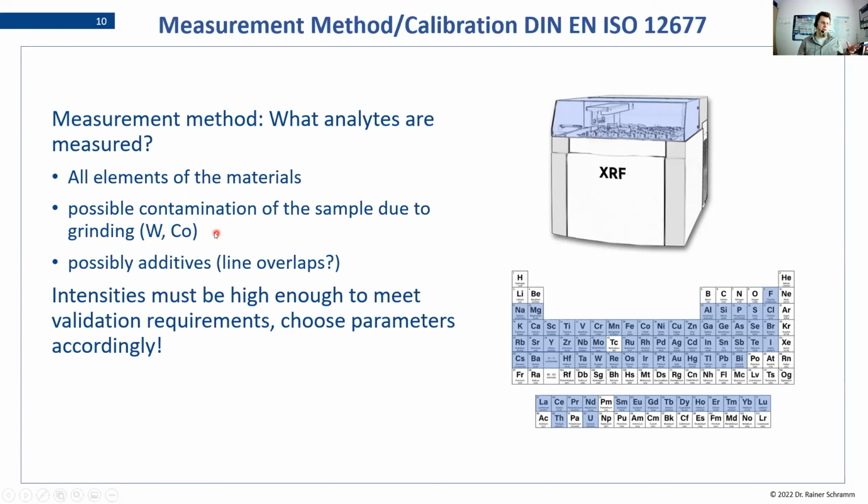These contaminations from grinding we want to observe, because they might also be needed for some mathematical corrections, for example. So apart from the actual analytes that we're interested in about the refractory material itself, we also want to have a look at the contaminations from sample prep. And then also we want to have a look at the additives that we might have added.